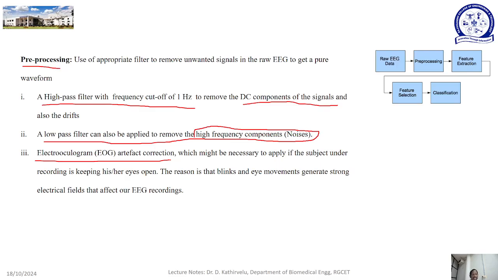So the electrical signals caused by eye blink, that is the EOG signals corresponding to the electrical potential of the eye, have to be eliminated. We have to use appropriate filters to remove those signals.